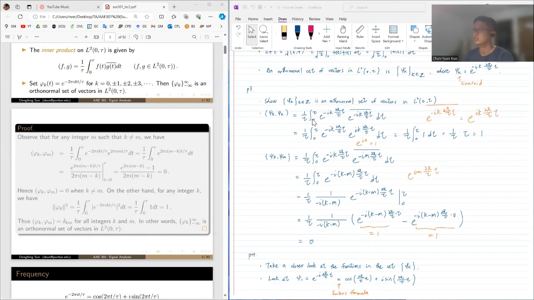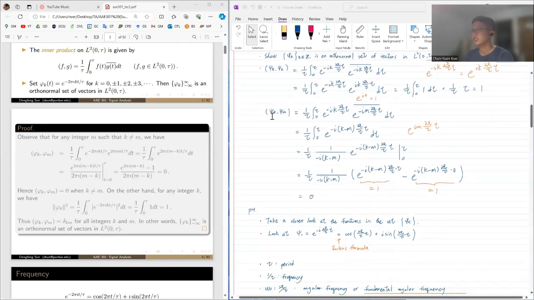We integrate this from 0 to tau with respect to t. If you work out the integral, you will see that in the end this will equal 1 over tau times tau, which is 1. That means the norm of the function psi k is equal to 1.